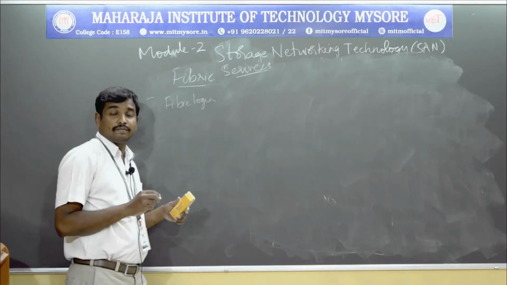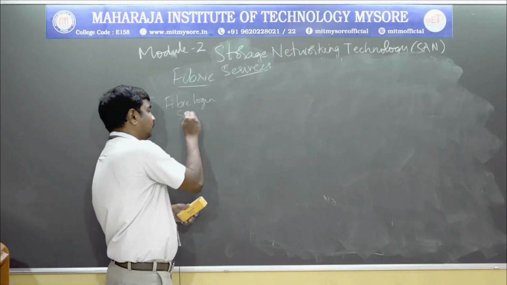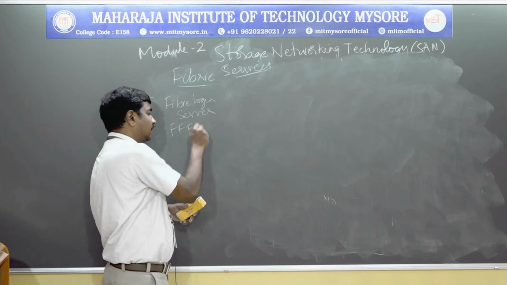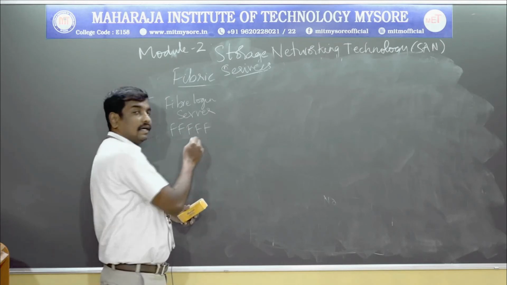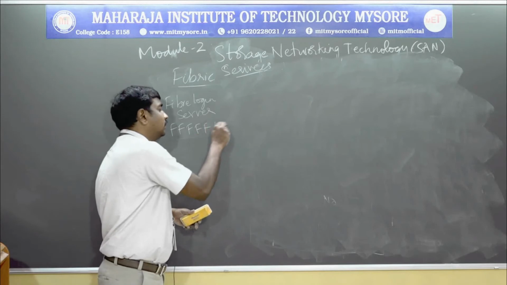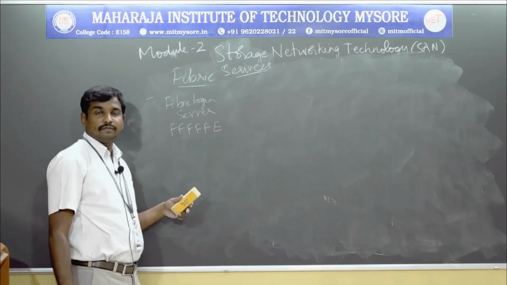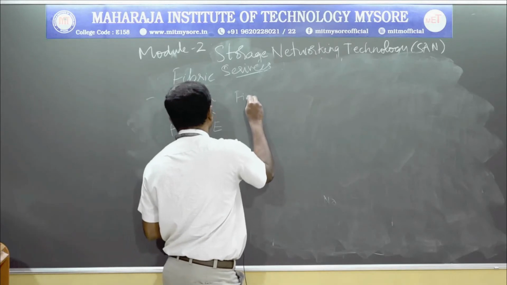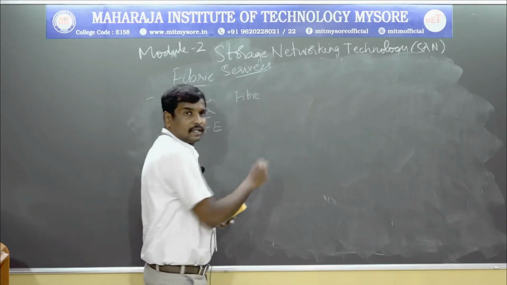We need to connect with the fiber address login servers. These fiber address login servers are reached by the address called FFFE. Similarly, this server has to be connected with the fiber controllers.